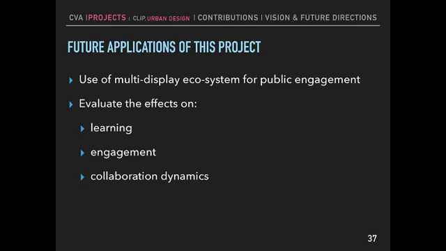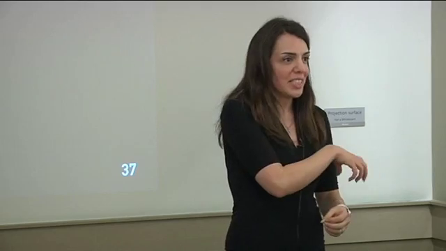So as I mentioned, this is still not finished, and we don't have concrete contributions, but we are planning to capture a really rich set of data through this qualitative study. The study is going to be 6 people per group, because we're going to see all the subgroups' activity, and the use of different displays and how they would like to work around this multiple display environment, as well as measuring their learning.